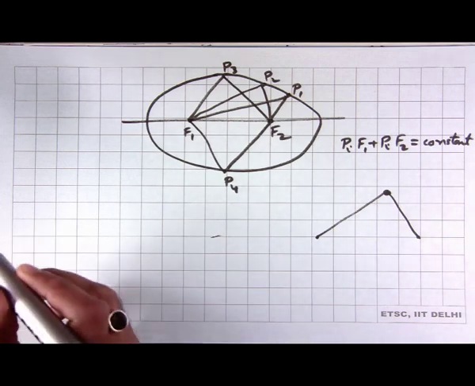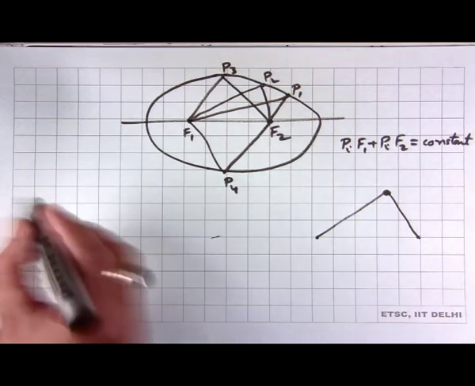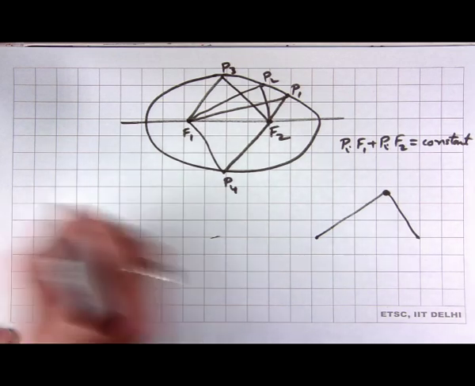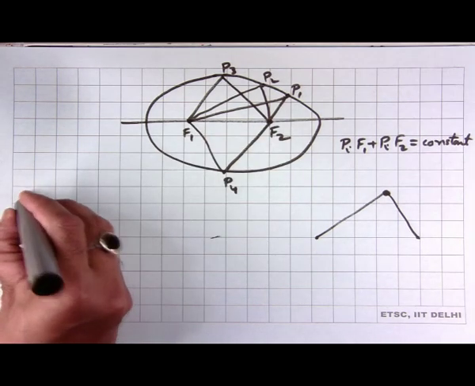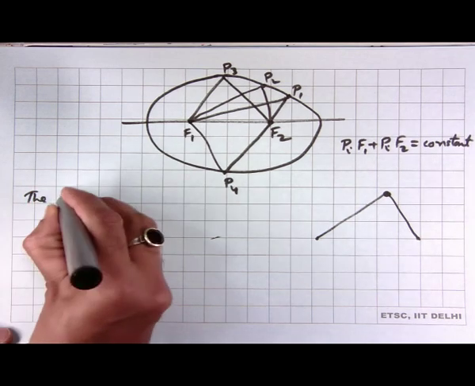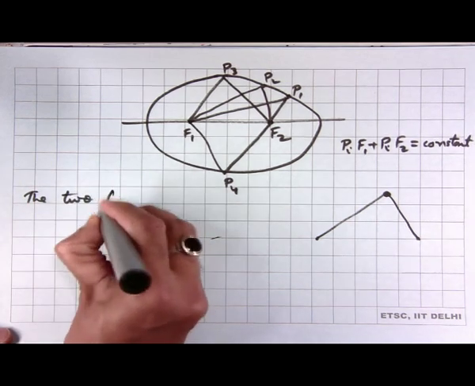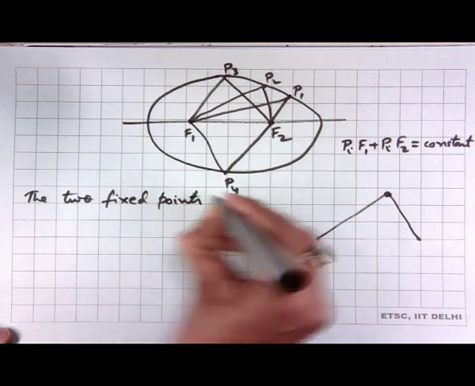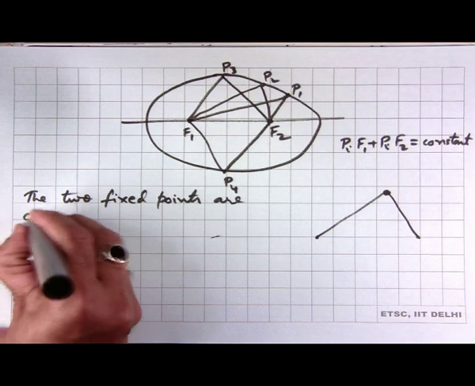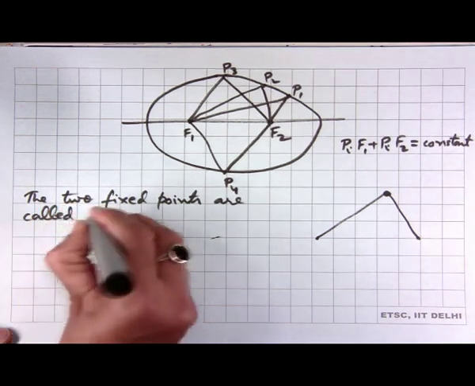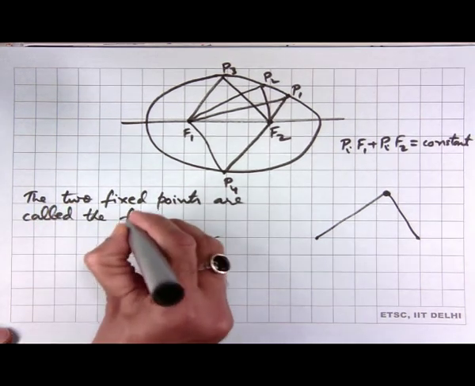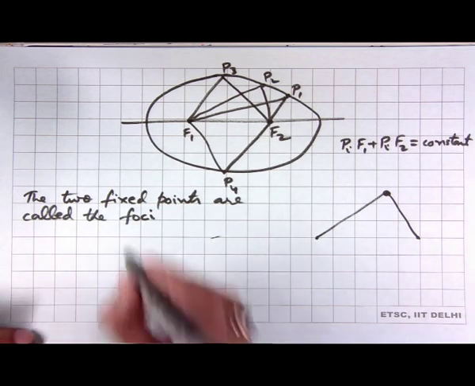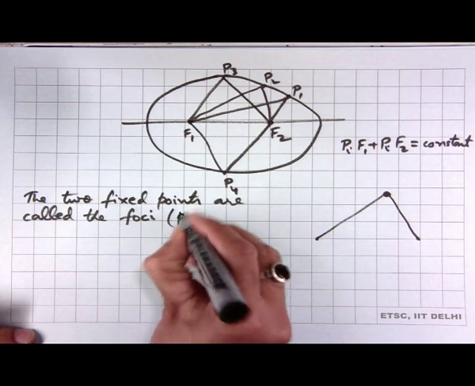Some terms that we will use: these two fixed points are called the foci of the ellipse. Foci is the plural of focus.